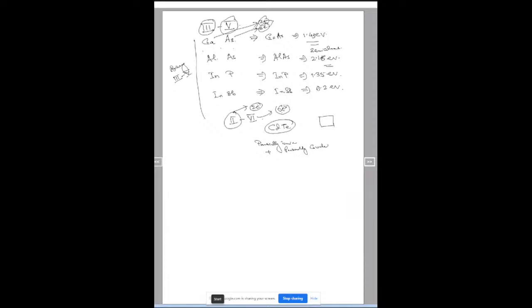It is not a pure covalent bond, but they behave as semiconductor, and this kind of crystal structure is again an interpenetrating face-centered cubic structure, but similar to the zinc blende structure, ZnS structure, right? Interpenetrating.